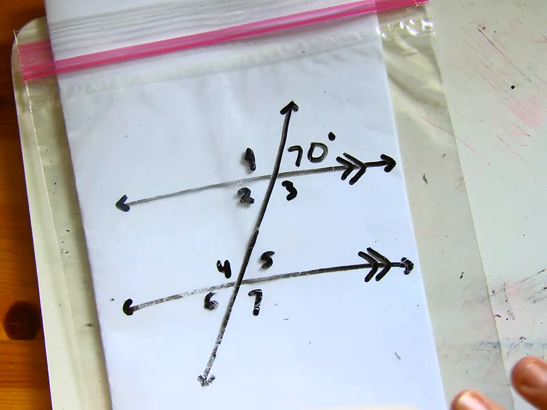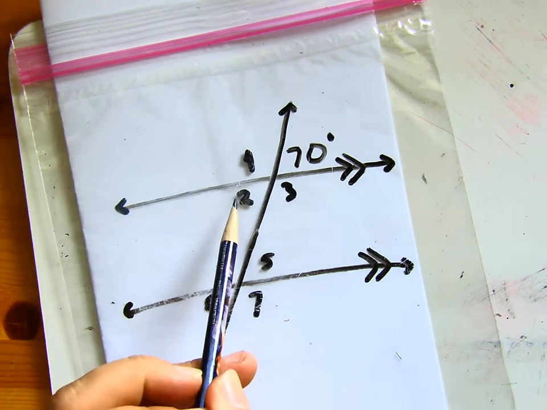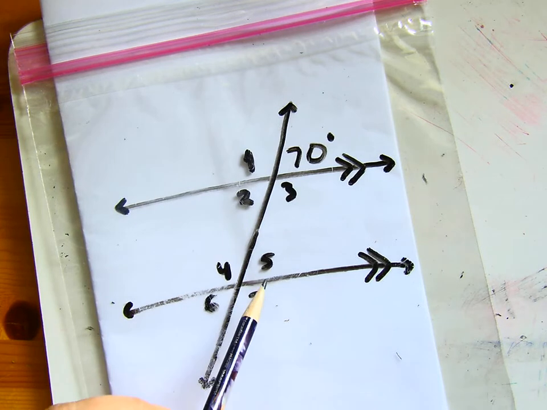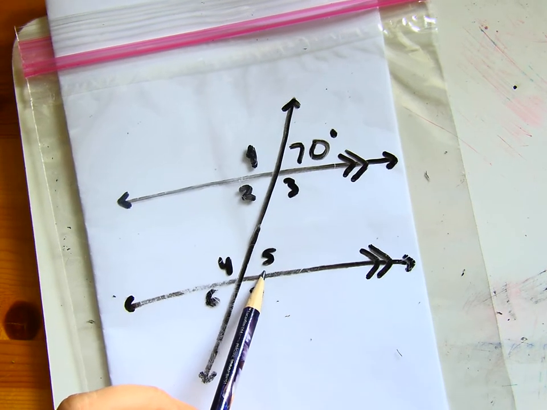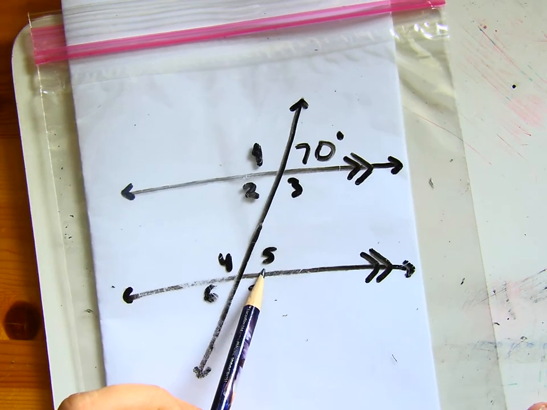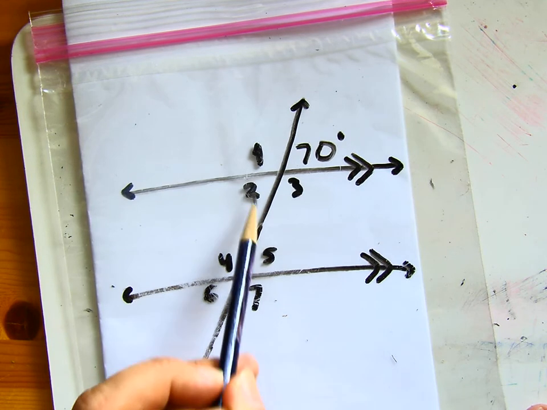So back over here, our question then says, okay, so number 2 and number 5, we had already talked about in previous videos, are called alternate interior angles.